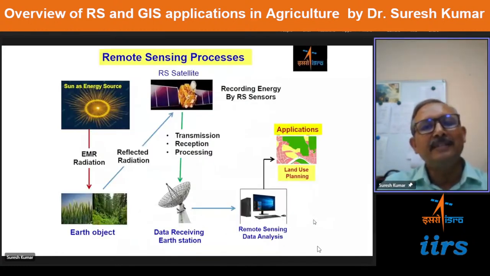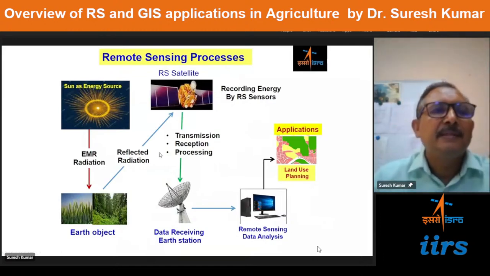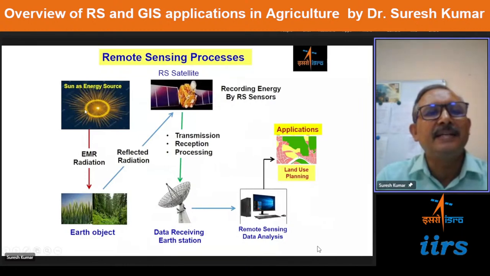So how does a remote sensing satellite work? Here is a pictorial diagram. I am talking about optical remote sensing in more detail, and that is why I am showing the process of optical remote sensing. In optical remote sensing, the radiation from the sun is the source of energy, and electromagnetic radiation comes to the Earth's surface.